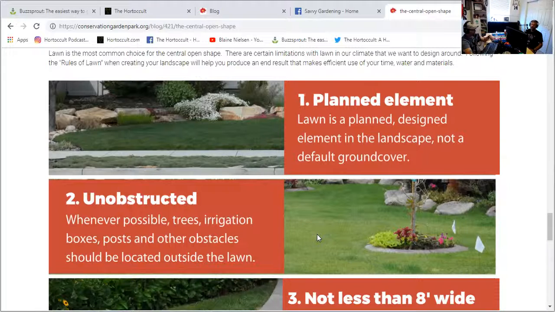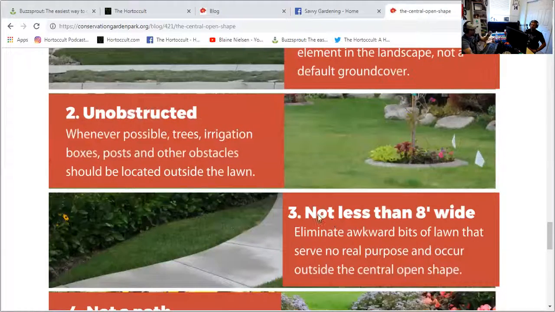Exactly. Okay. So here's number 3, not less than 8 feet wide. So here you have a strip of grass that is definitely not 8 feet wide. And so how are you irrigating this? The whole point of this is to have it as a design element, have it look pretty, have it functional, and have it be watered less and save water. So by watering this piece of grass, you're totally overspraying everything.